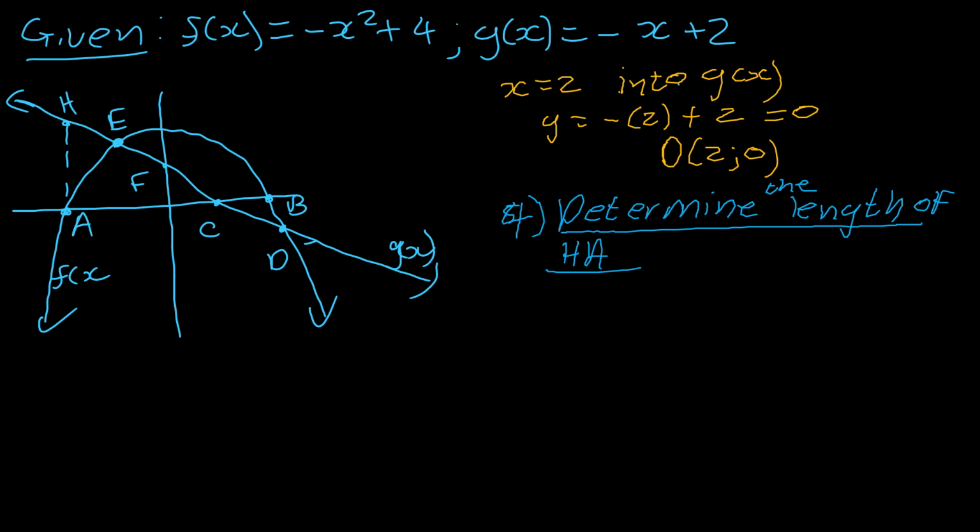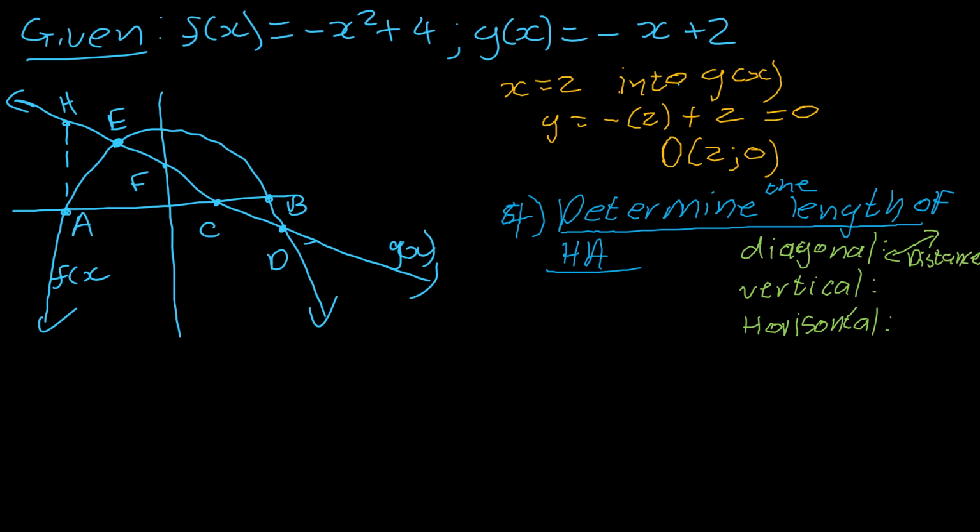Is it a diagonal line? Is it a vertical line? Or is it a horizontal line? Because when it comes to functions, this can be simplified into three very easy situations. If it's a diagonal line, then you need to use the distance formula from analytical geometry, or Pythagoras, but the distance formula would be one of the go-tos there.